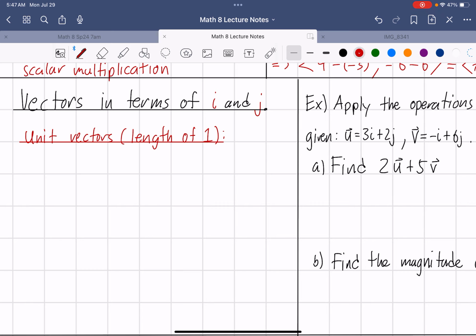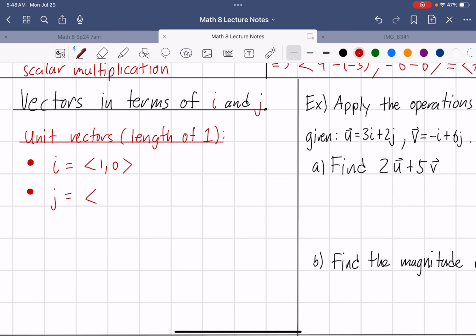looking at this notation. So this is what the unit vectors look like. So vector i, again, it's a vector of length 1. But more specifically, it's a vector of length 1 in the x direction.